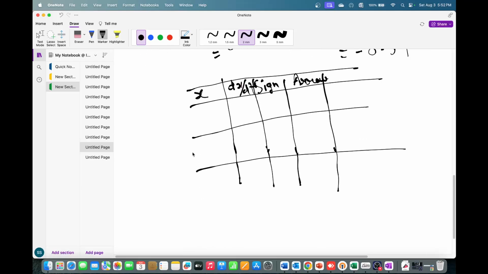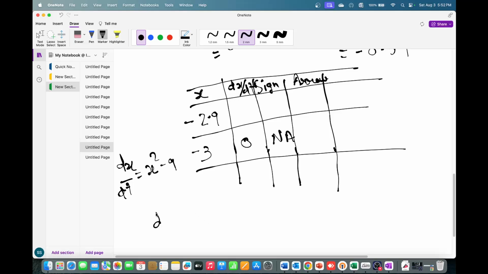So x is minus 3, let me write the equation on this side, dx/dt equal to x squared minus 9. So at minus 3 it's 0, there is no sign. Now let's take a slightly higher value, say minus 2.9.